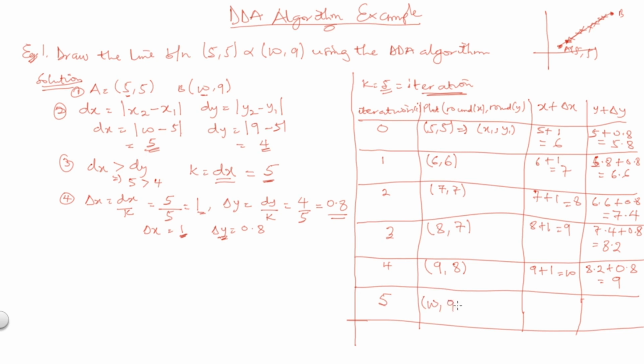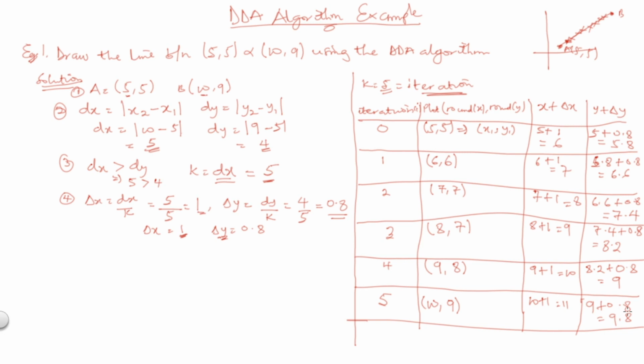It basically is the end of the points, as you see from the coordinates given, 5, 5 and 10, 9. Of course, if we were to compute the next one, we would have 10 plus 1 making 11, and 9 plus 0.8 making 9.8.